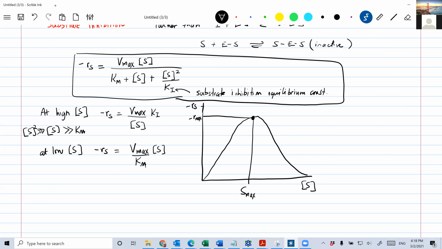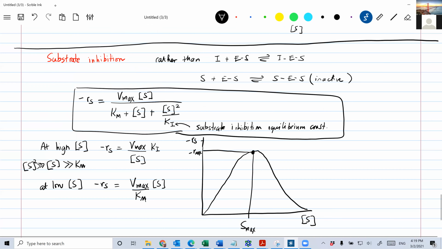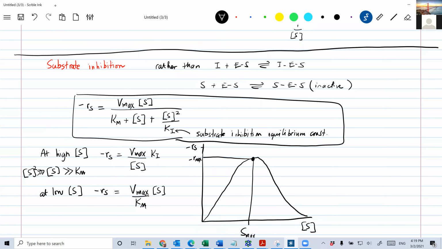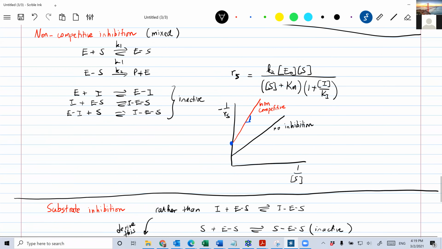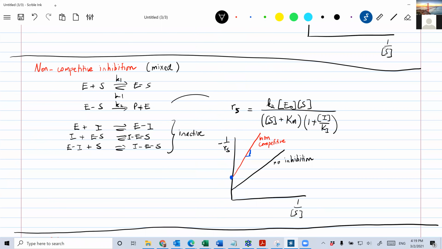So these are, in general, some of the inhibition types. One thing to keep in mind is the ability to derive these. You can think about deriving this one, but it's very similar to the uncompetitive inhibitor.